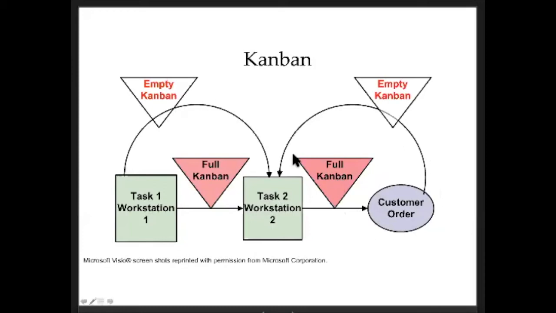And Kanban is literally a signal that goes from the customer process to the workstation supplying it, indicating that the customer process has now completed what it was doing previously and needs the next work to be moved forward from its supplier workstation. So it's a signal to the workstation to send the next patient, or whatever the process might be handling.